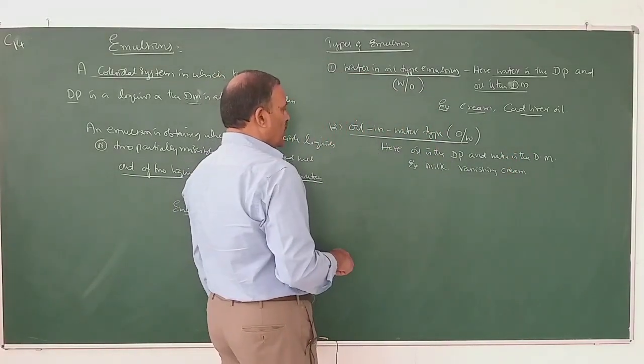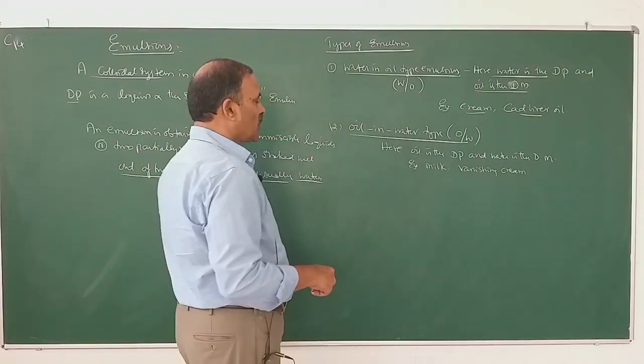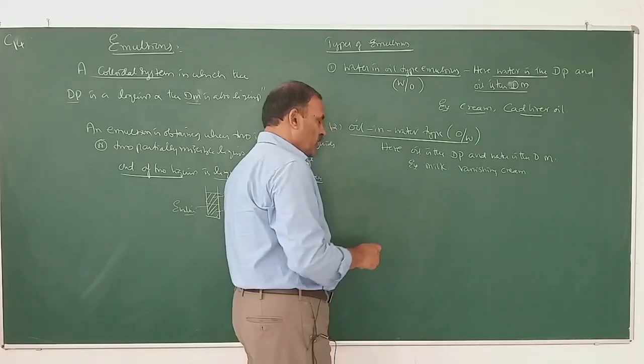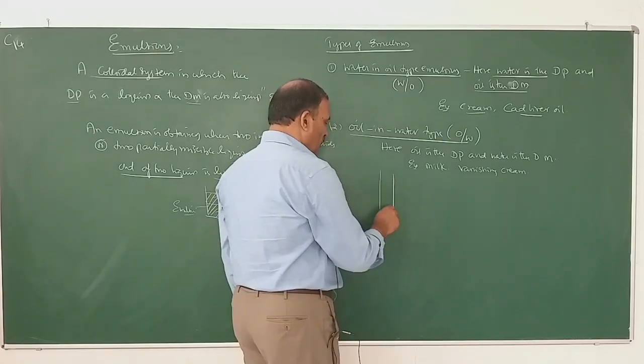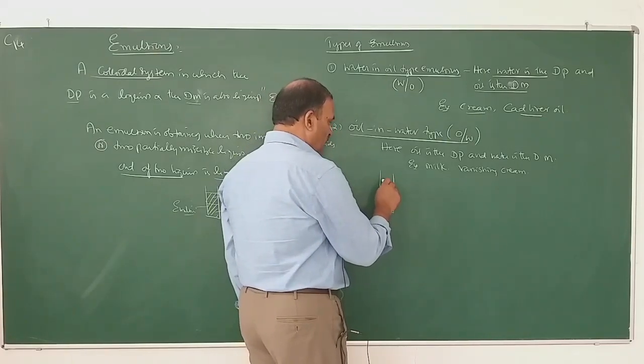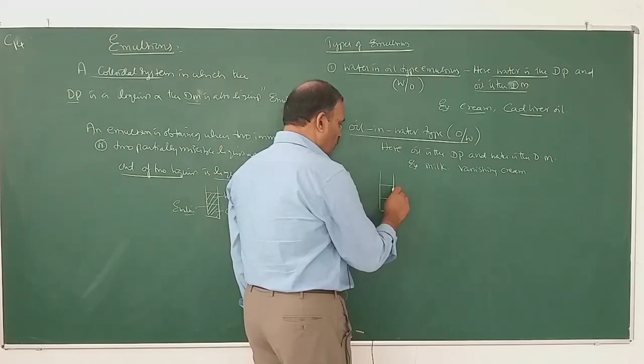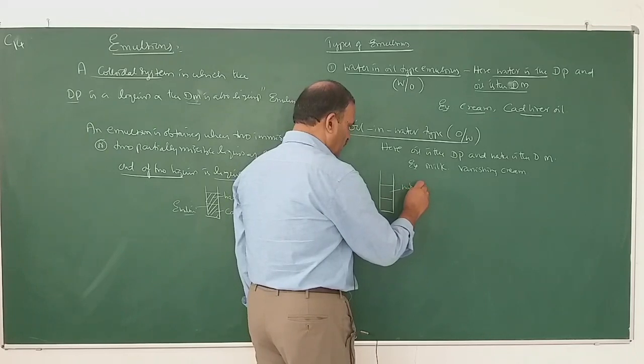Usually these emulsions are unstable. That means when an oil is shaken with water, you will get an emulsion. If this emulsion is left for some time, oil will be separated and water will be separated.